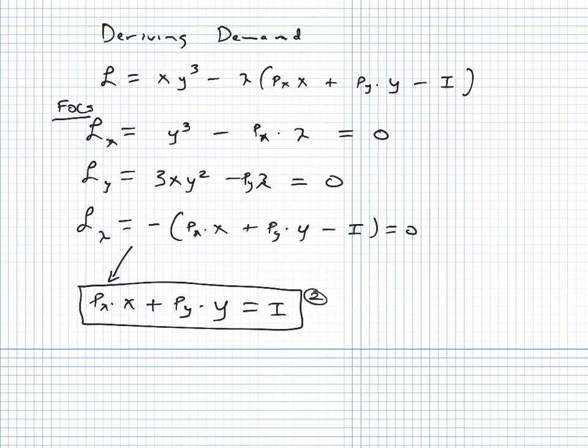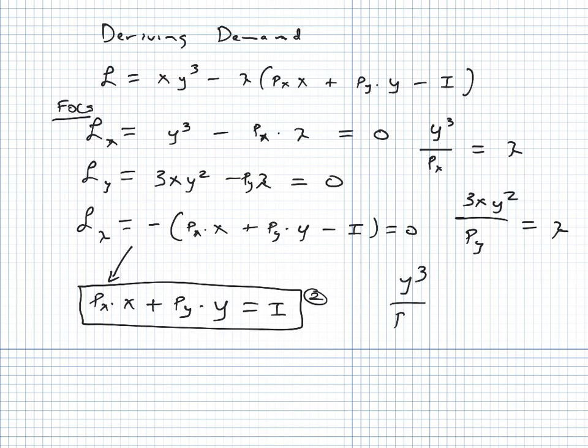And up here with the first two first order conditions, again, something very similar. I can say that y cubed over the price of good x is equal to lambda, and 3x y squared over py is equal to lambda. And so those two things, since they're each equal respectively to lambda, can be set equal to one another.